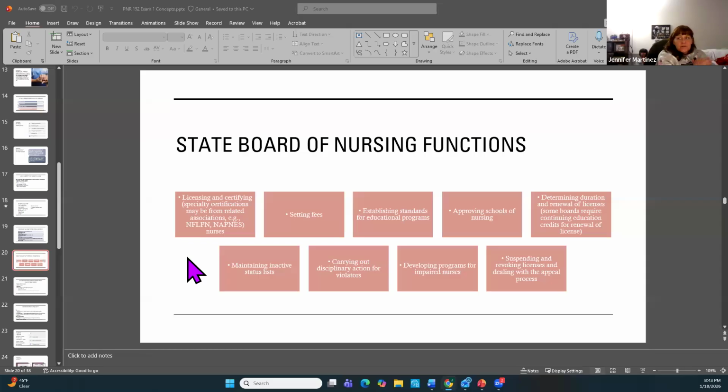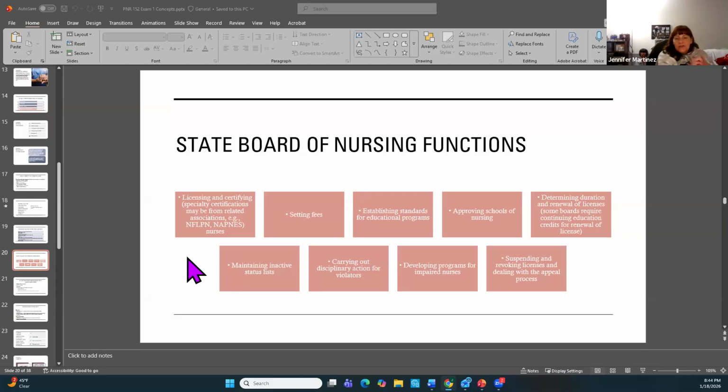It approves schools of nursing. For nursing programs to operate, they need to be approved by the State Board of Nursing. I already talked about, it determines the duration and renewal of licenses.